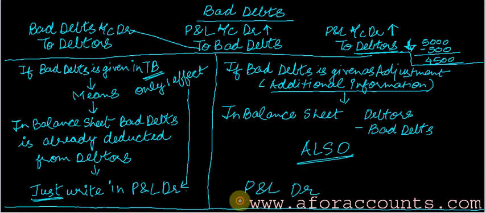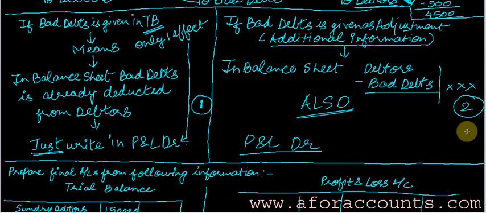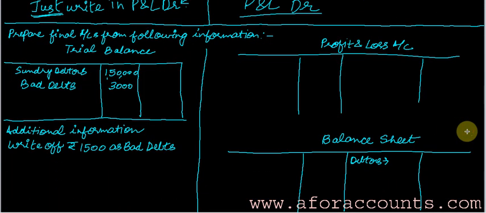So you not only debit it to your P&L, but you also, this is very important here, it is giving a one-side effect, but here it is giving a two-side effect since it is given as additional information. So in the balance sheet, you have to do debtors minus bad debts, and the amount has to be taken out. We'll solve it using an example for better understanding.